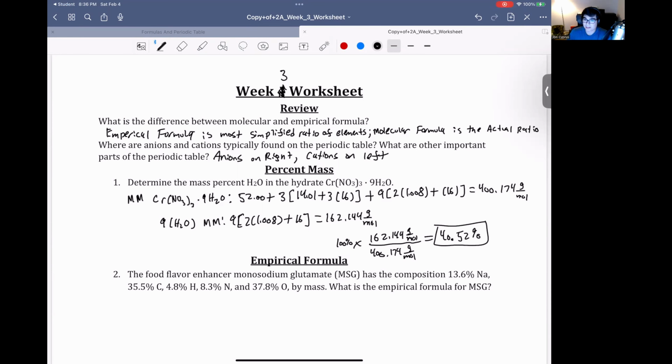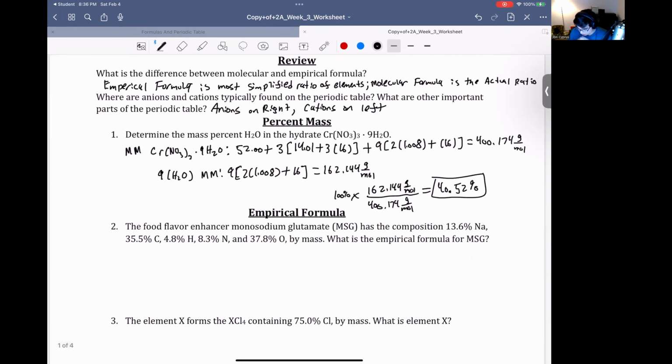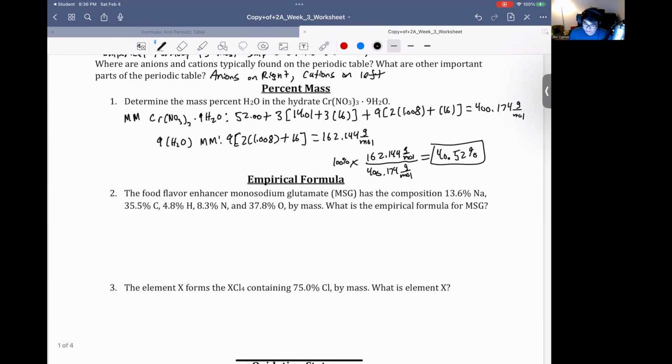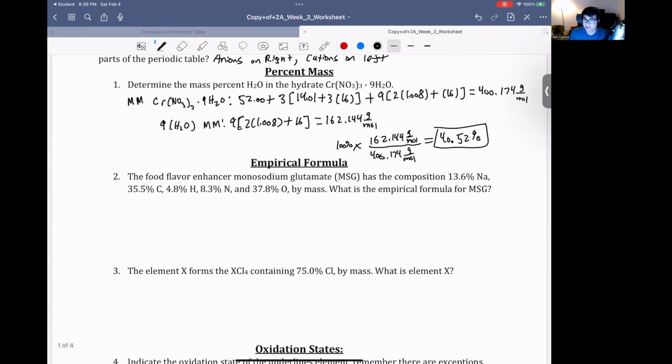All right, next question here. It says empirical formula. The food flavor enhancer for monosodium glutamate, MSG, has the composition of 13.6% sodium, 35.5% carbon, 4.8% hydrogen, 8.3% nitrogen, and 37.8% oxygen by mass. So what is the empirical formula? So in the last worksheet, we did similar questions, and it actually is going to be the exact same procedure.